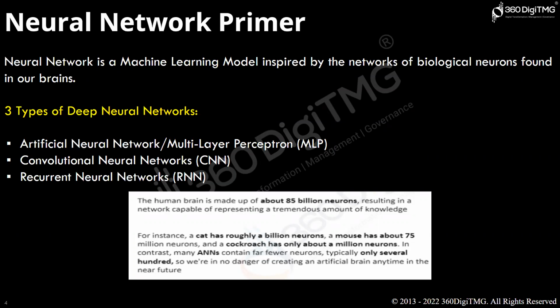Artificial neural networks attempt to simulate neurons. We have convolutional neural networks, artificial neural networks, and recurrent neural networks too. It has a human-like structure, so how do we implement that using an ANN?